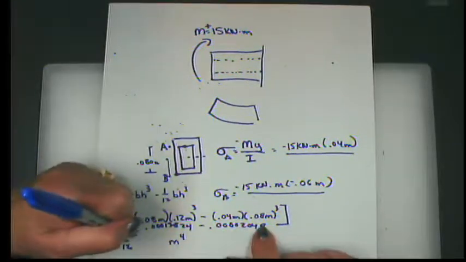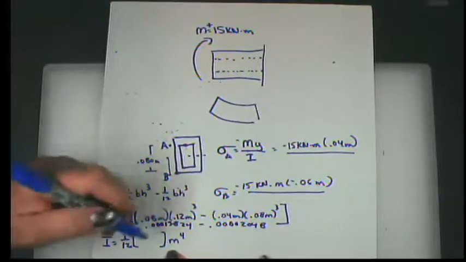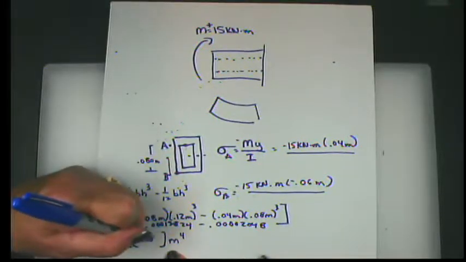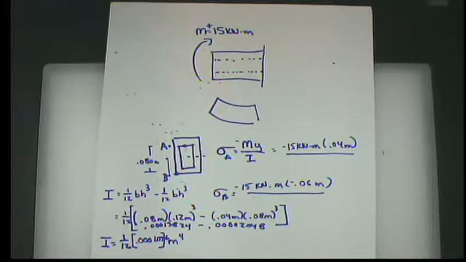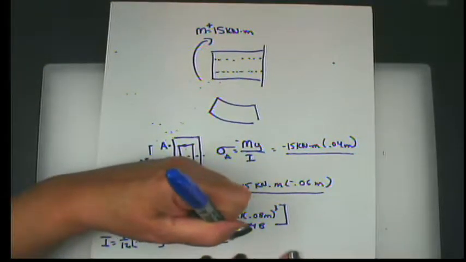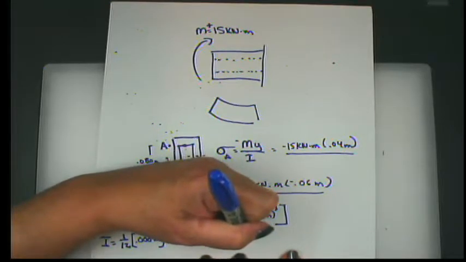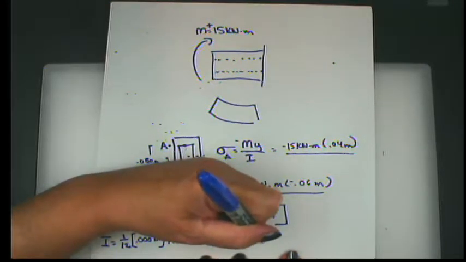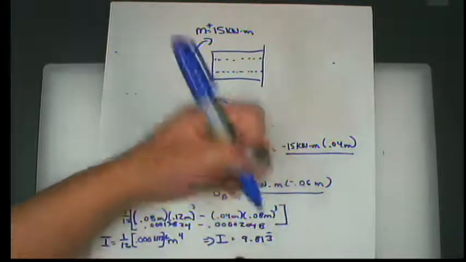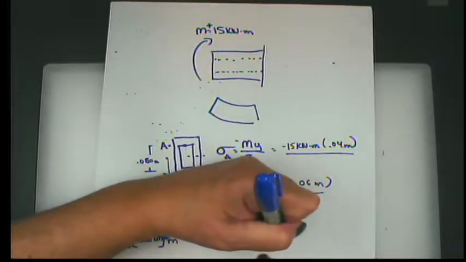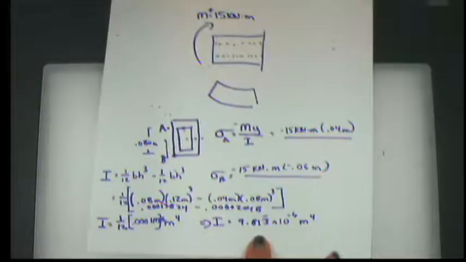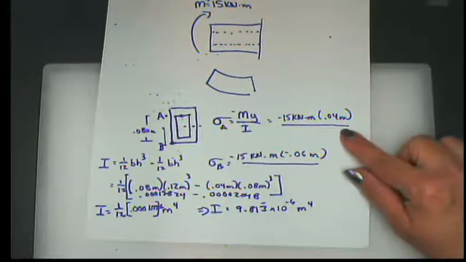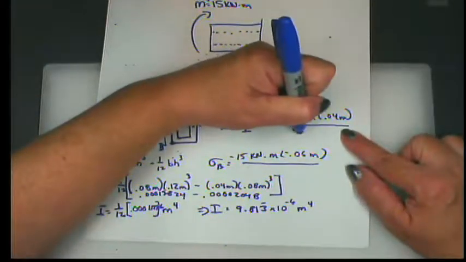So the quantity in the brackets is 0.000111776. When we divide it by 12 to get our final answer, we get a wee little number of 9.813 repeating 3 times 10 to the minus 6 meters to the fourth. So that means all we really need to do is put that here.